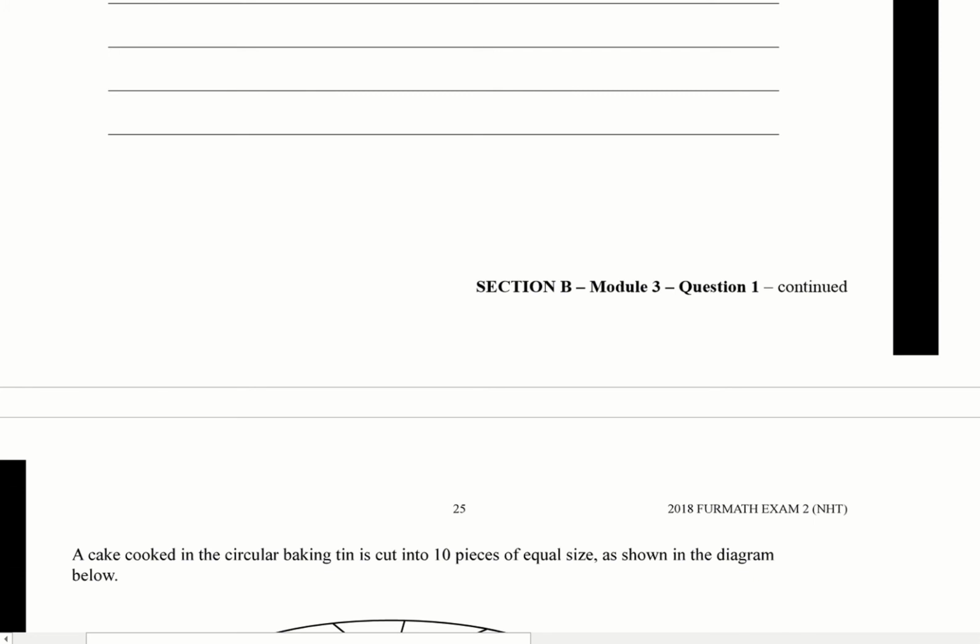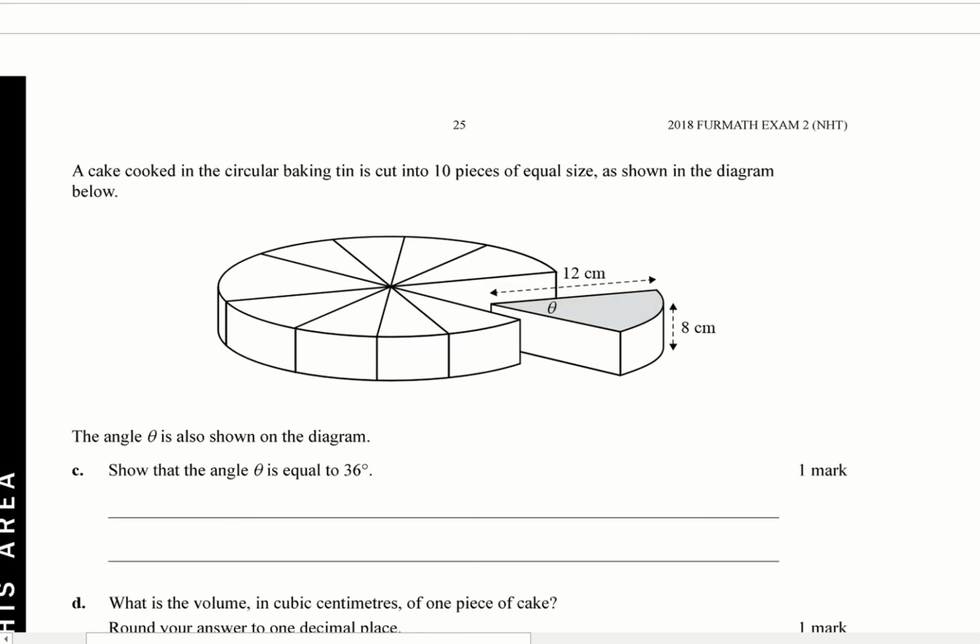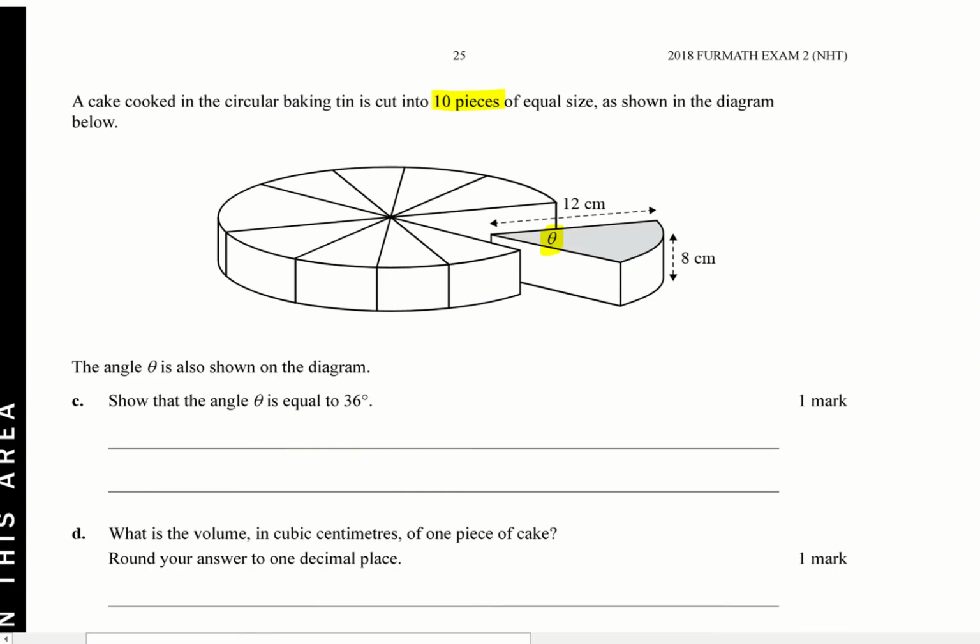A cake cooked in a circular baking tin is cut into 10 pieces of equal size, as shown in the diagram below. What we want to know is this particular angle. This one's actually reasonably easy if you think about it.